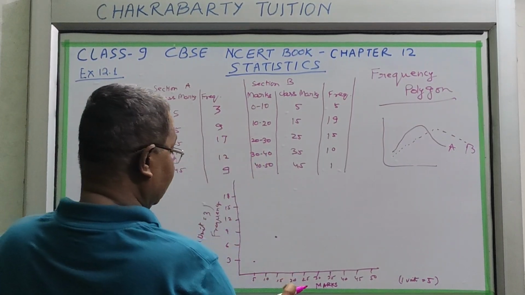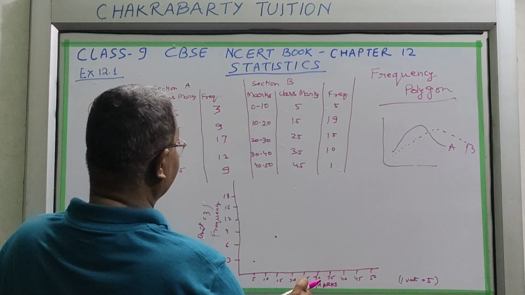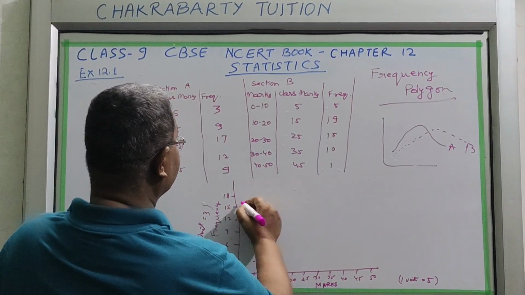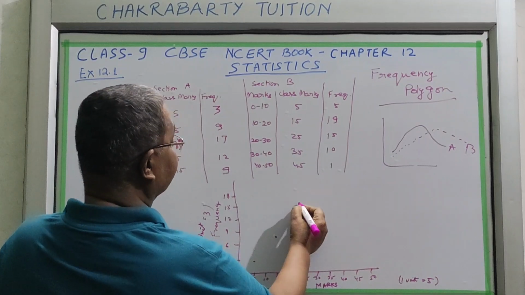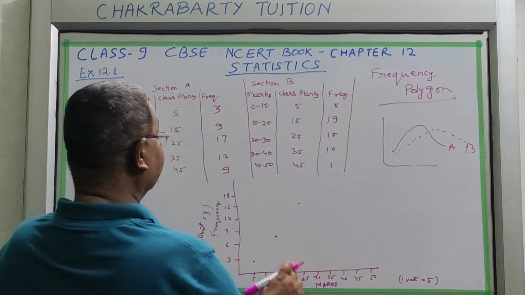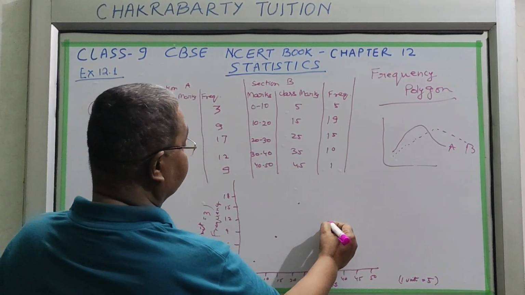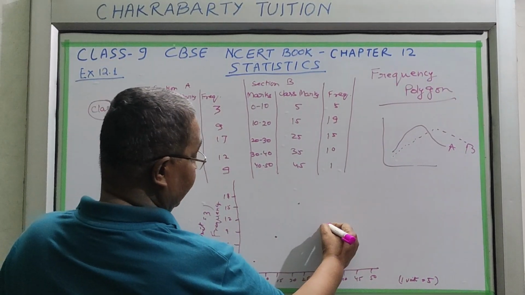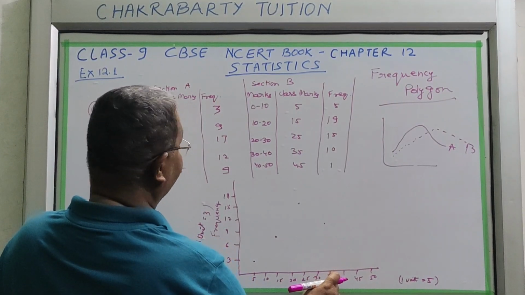Then for 25 it is 17, means it will come somewhere here, and 25 is here. Then for 35 it is 12, so 12 and 35 is here.